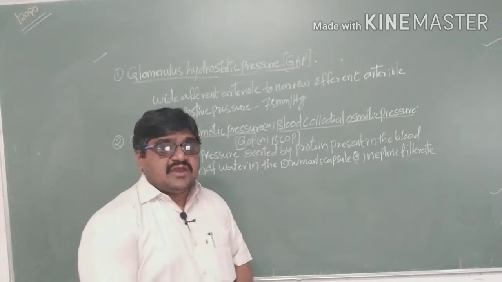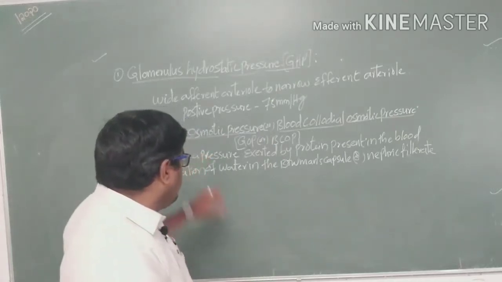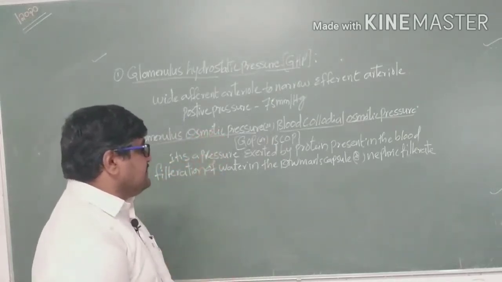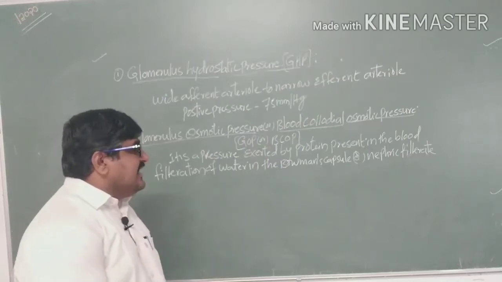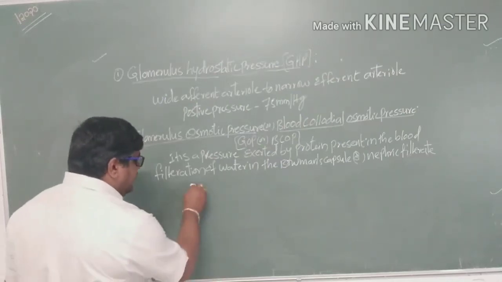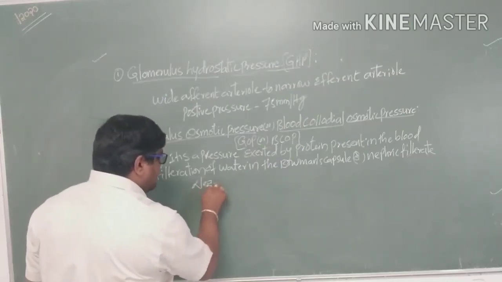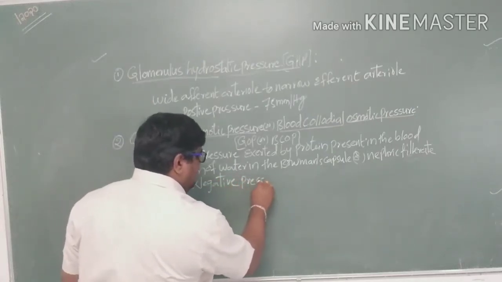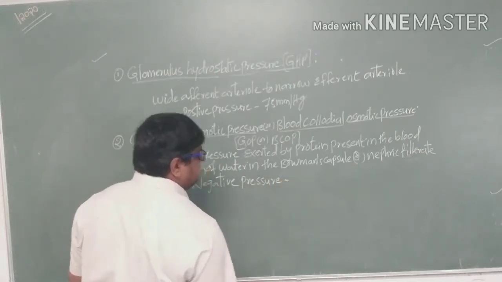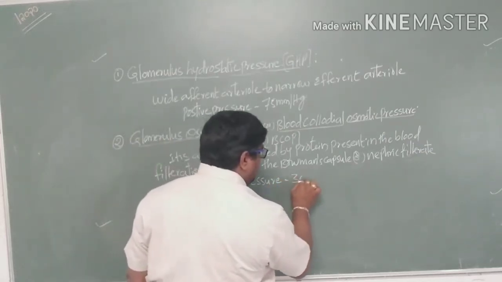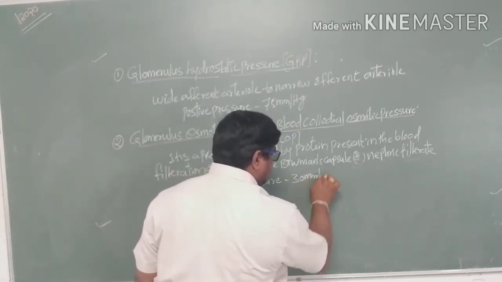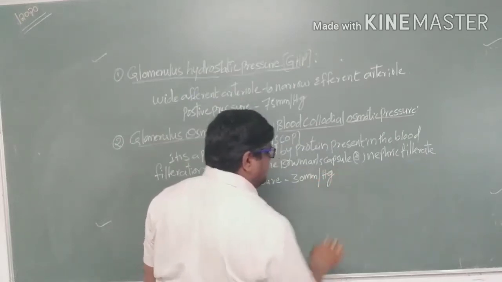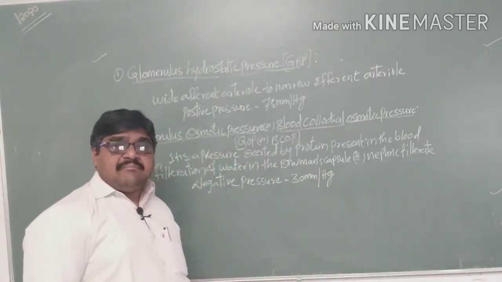So that pressure we call the blood colloidal osmotic pressure, and here it is a negative pressure of 30 mmHg.